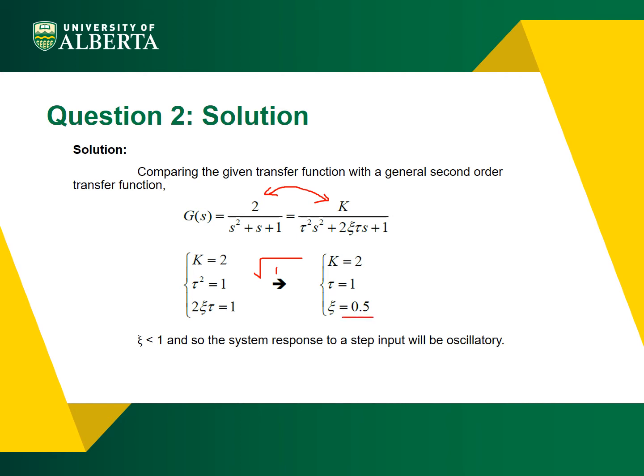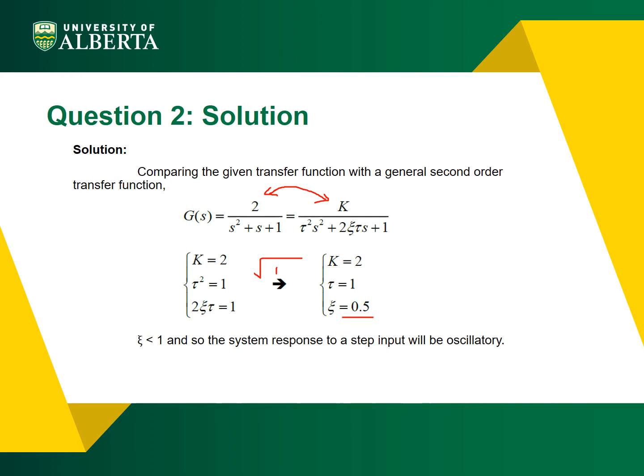Because zeta is less than 1, this system response to a step input will be oscillatory. So we'll have an oscillation because it is an underdamped system. For all the values of zeta less than 1, we have an underdamped response.